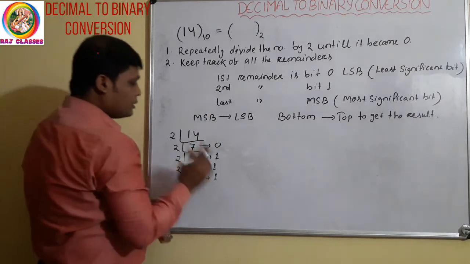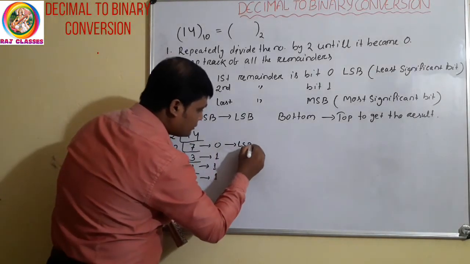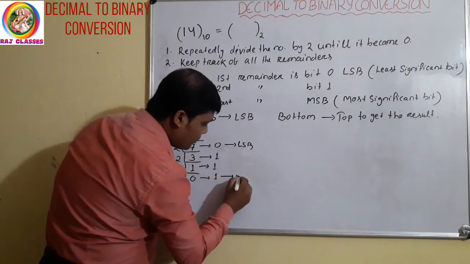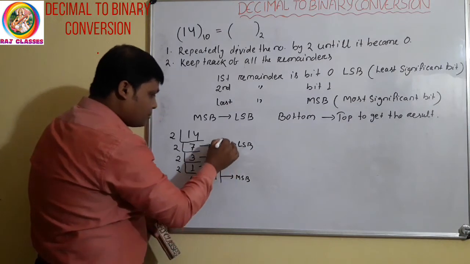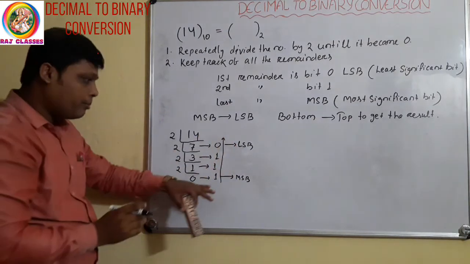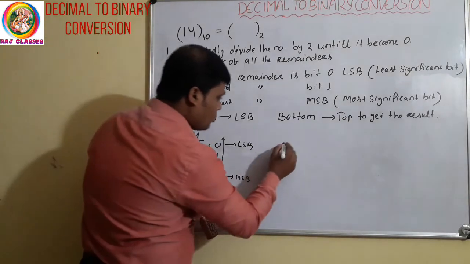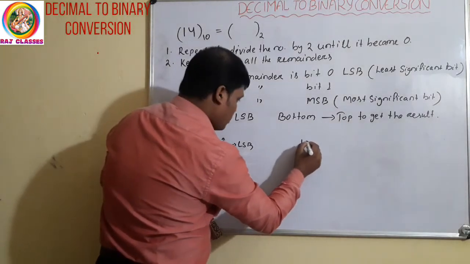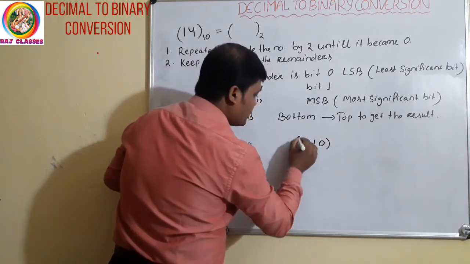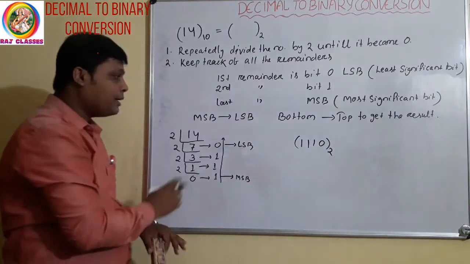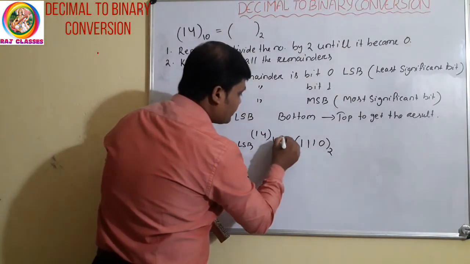As I have told, the first bit is LSB and the last bit is MSB. We will travel from MSB to LSB, from bottom to top, to get the result. The numbers are 1, 1, 1 and 0. This is base 2. This is the binary value of 14 base 10.